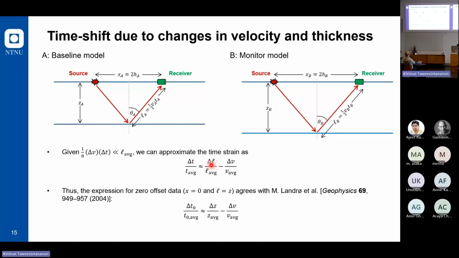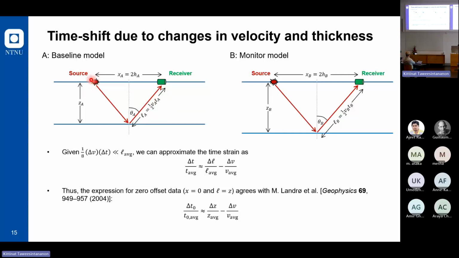Time shift is due to changes in velocity and thickness. This is a simple diagram for the baseline model, and I assume this layer is homogeneous media, so it is easy to understand.